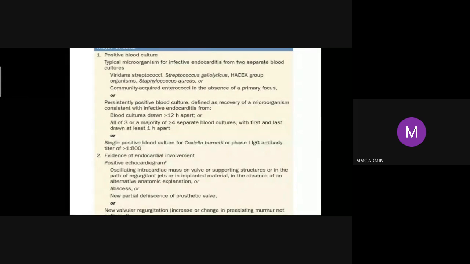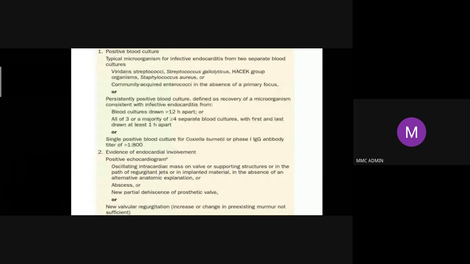In echocardiography, we will see an oscillating intracardiac mass on the valve or supporting structures, and regurgitant jets, with the absence of alternative anatomic explanations. We should see the vegetation, or, if a prosthetic valve is present, a new partial dehiscence of the prosthetic valve, or any new abscess, or any new valvular regurgitation. If we see any of these findings in the echocardiogram, we suspect infective endocarditis. So the first major criterion is positive blood culture.